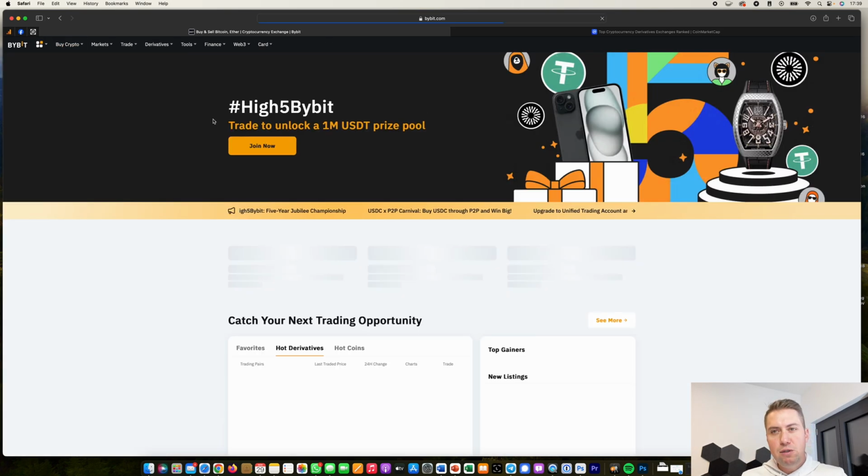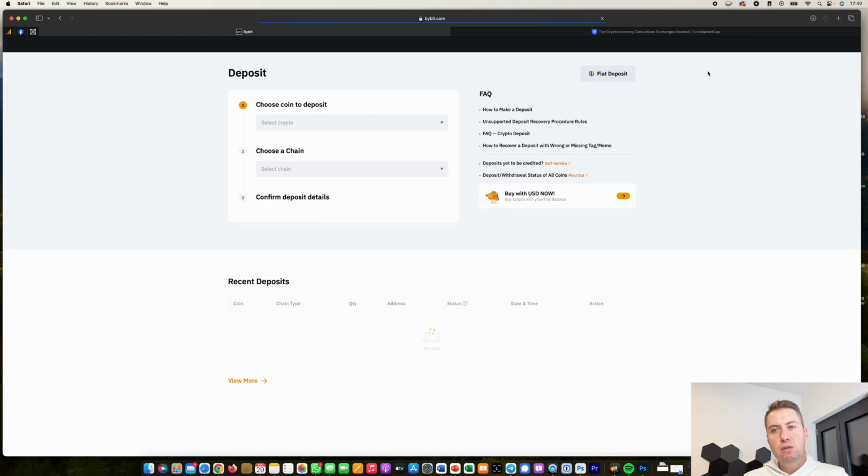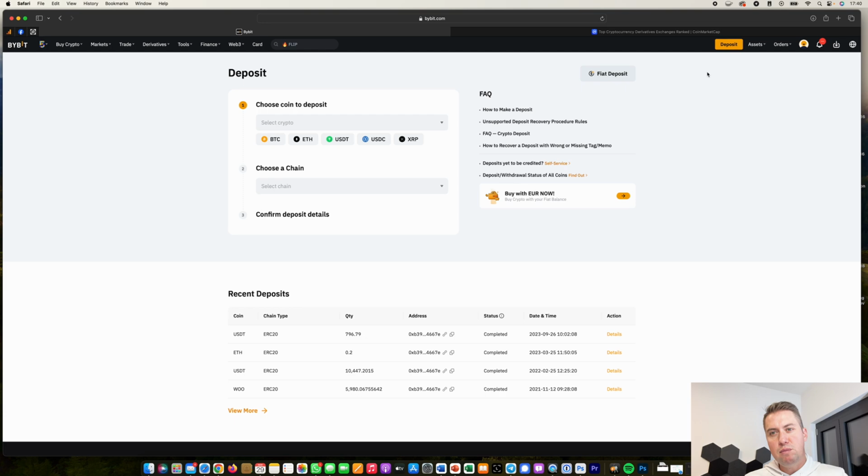Once you have that, the next thing to do is to put some money into your account. There are basically two ways to do that. You can either put in a regular currency, for example, I'm in Germany, so I can put euros into my account, or you can transfer cryptocurrencies to Bybit. It's fairly straightforward.